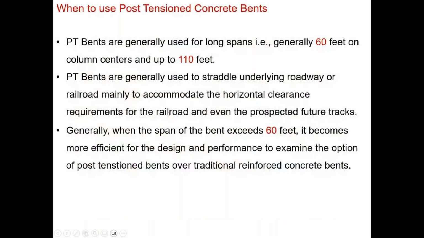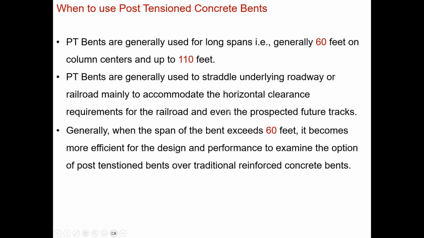So we can say, when to use those bents is generally when your span from column to column starts at 60 feet and longer. And the longest I've seen in this project is 110, but I believe this is not the maximum that those bents can go up to. They are usually used to straddle the underlying roadway or railway, and this is mainly meant to accommodate the horizontal clearance requirements for the railroad.